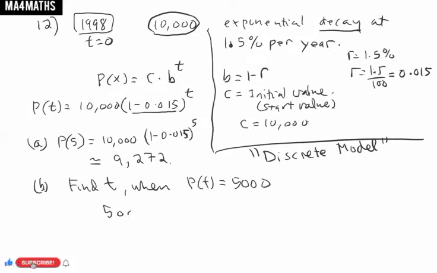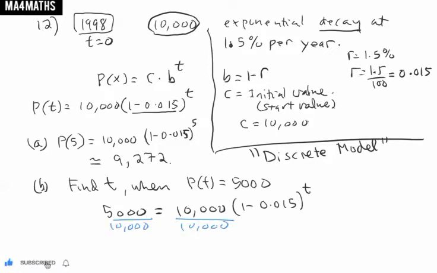So it would be 5,000 is equal to 10,000 times 1 minus 0.015 raised to the T. If you divide both sides by 10,000, this will give you 1/2 equals 1 minus 0.015 to the T.